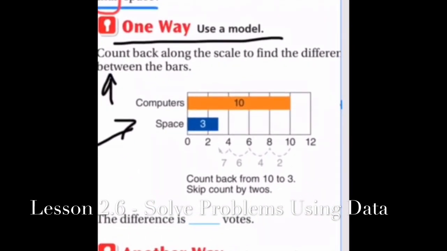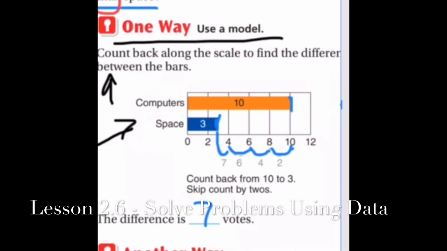So they made their own little bar graph of 10 stopping here and 3 stopping here, and then they count back. They start at the 10 and count back: 2, 4, 6, and then right to there is 7. So the difference is 7 votes.